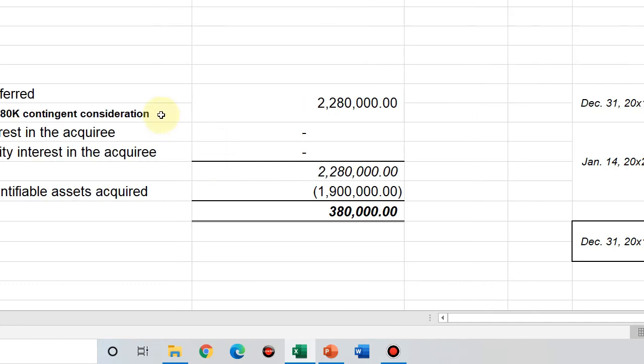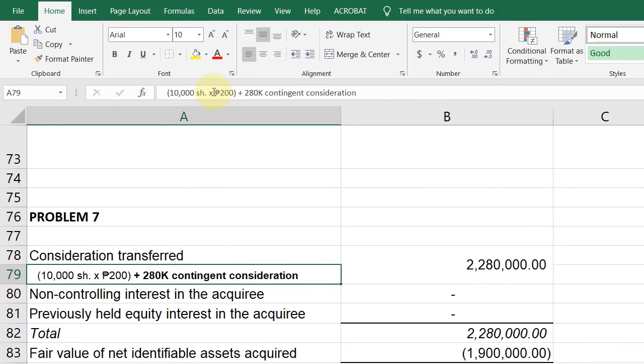Okay? So, paano natin kukumputin? Shares ang binigay niya. So, we have 10,000 shares times the fair value of 200. Dagdag mo yung contingent consideration, bigay naman 280,000. Kasama dapat siya sa consideration transferred.